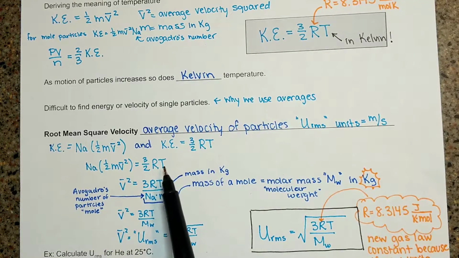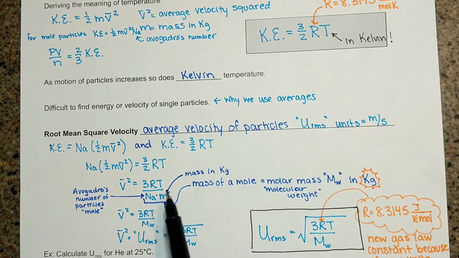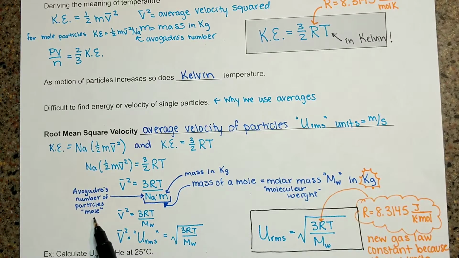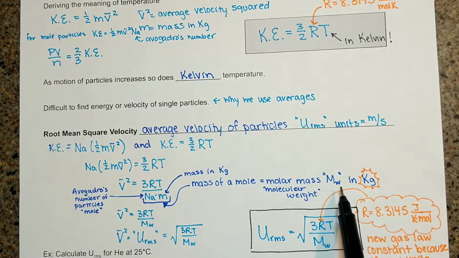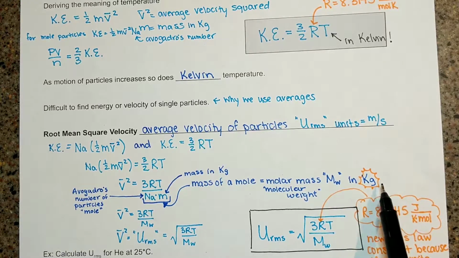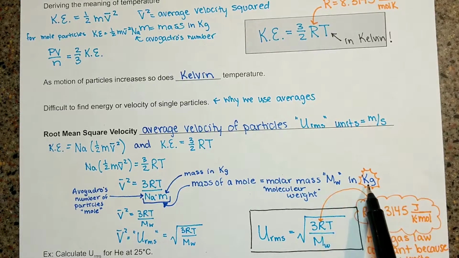Setting these equal to each other and solving for average velocity of particles, we get 3 RT over Avogadro's number of particles times the mass in kilograms. This, multiplied together, mass times mole, is a molar mass, or the molecular weight, in kilograms. So here we're going to change this to a new variable called capital M sub W for my molar mass or molecular weight in kilograms.